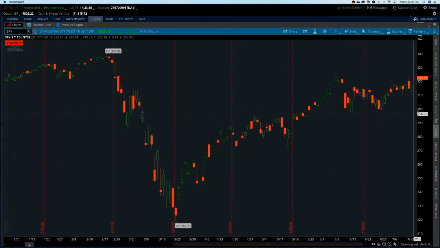Now, currently, SPY's price is 322. Suppose that we bought a contract to buy the SPY at $310. And that contract's good for a month. Right now, that contract is worth the difference between where the price is now and the price that we agreed upon, $310.